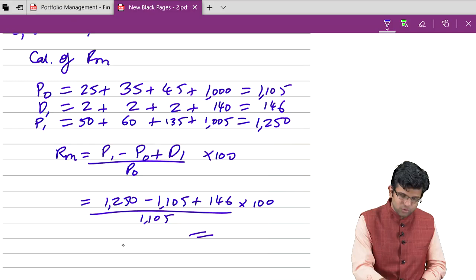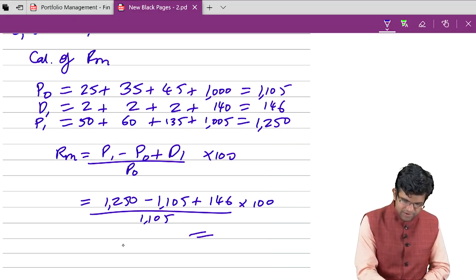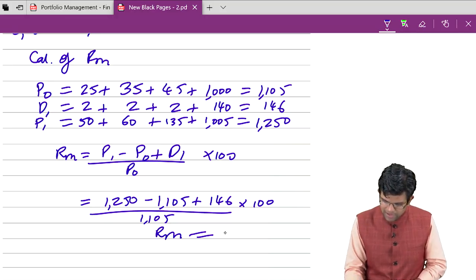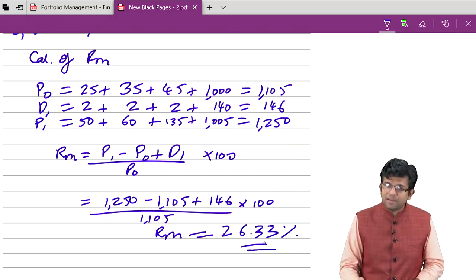My RM comes to, let's take the calci, 26.33%. Yes, so with this we have calculated the RM.